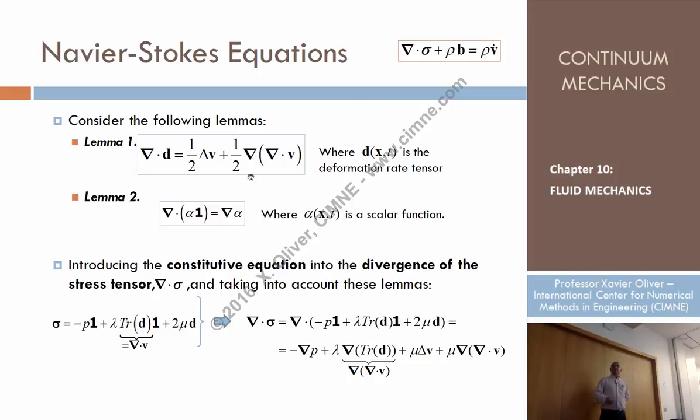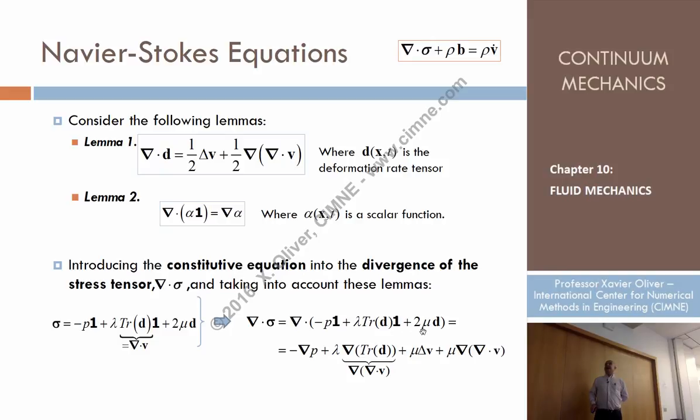it would be the sum of the divergences of every one of these terms. The first one is a scalar function times the unity, so we can apply that identity: it's the gradient of p. Then lambda, which is a constant, comes out, so that is the gradient of the scalar part, of the trace of d.